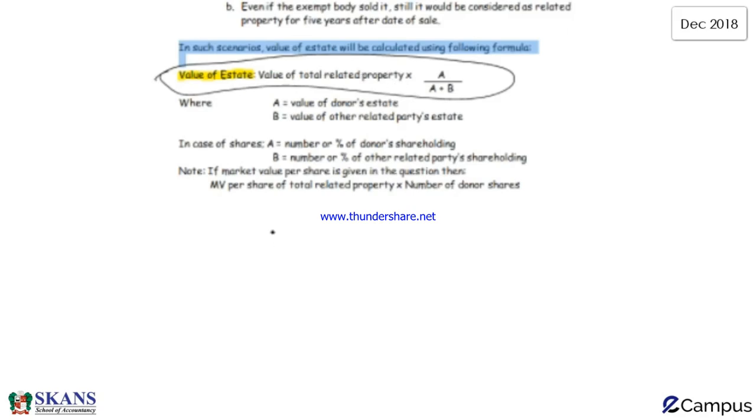Total related property means Sarah owns 2 chairs, her husband owns 3 chairs, so we need to put a value of 5 chairs over here. And then we have to multiply it by A over A plus B. A is the value of the donor's estate, and B is the value of the other related party's estate, that is right now her husband. So A would be the value of 2 units and B will be the value of 3 units.